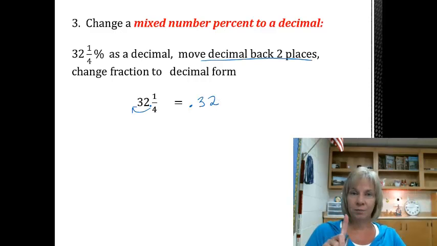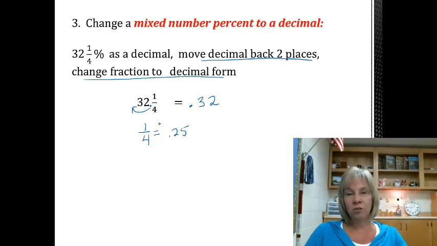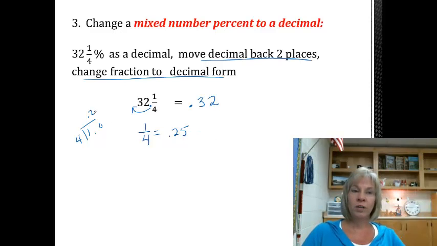That's the first thing. Second thing we do is to change our fraction into a decimal. Okay, our fraction is 1/4. I want you to think, what is 1/4 as a decimal? 0.25, right? Most of those you will know. If you don't know that, remember you can always divide 1/4 and get your decimal 0.25.